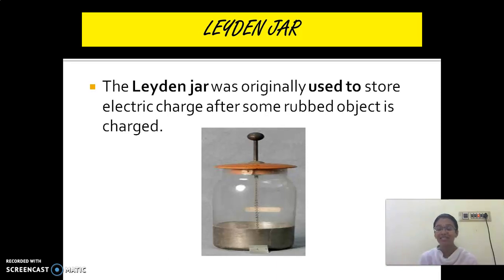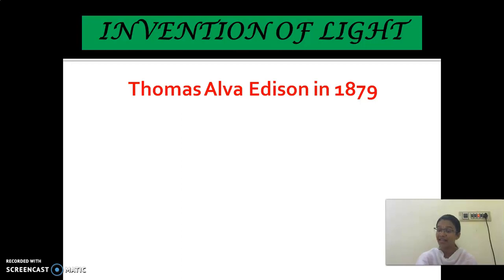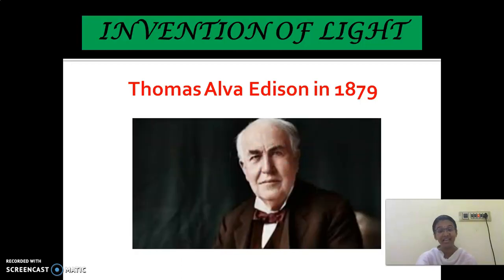That is due to the presence of electric charge. Next, invention of light. Who invented light? Yes, Thomas Alva Edison in the year 1879 invented the electric bulb.